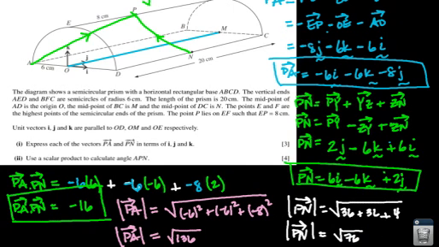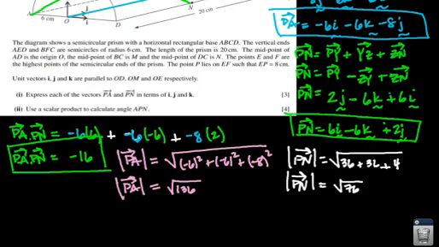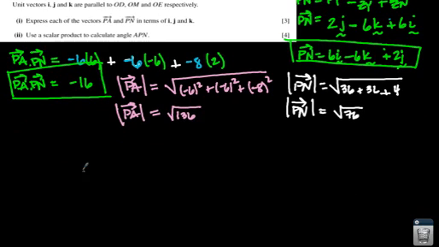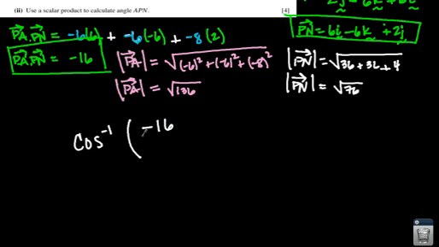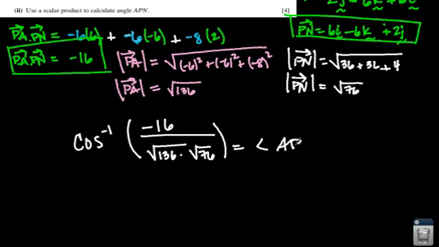Okay, so basically, we end up multiplying the magnitude of vector PA times the magnitude of vector PN times the cosine of theta, which is equal to our dot product. So I'm just manipulating the equation, so I end up with negative 16 over root 136 times root 76, and that's going to equal the cosine of angle APN.